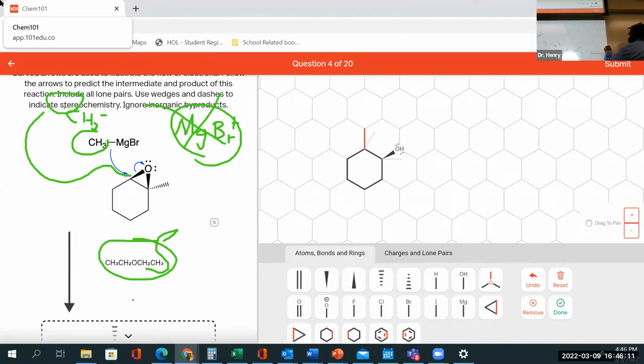We're going to get opening of that ring structure. So we'll get R, and then plus, in this case, if this is a negative charge, then H3O plus, an acid, is added onto it.